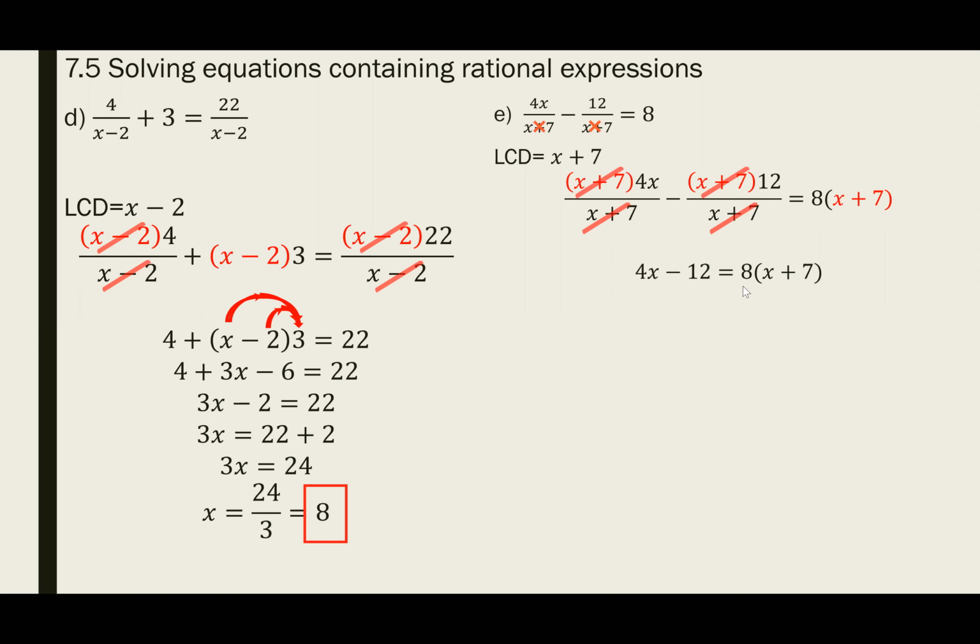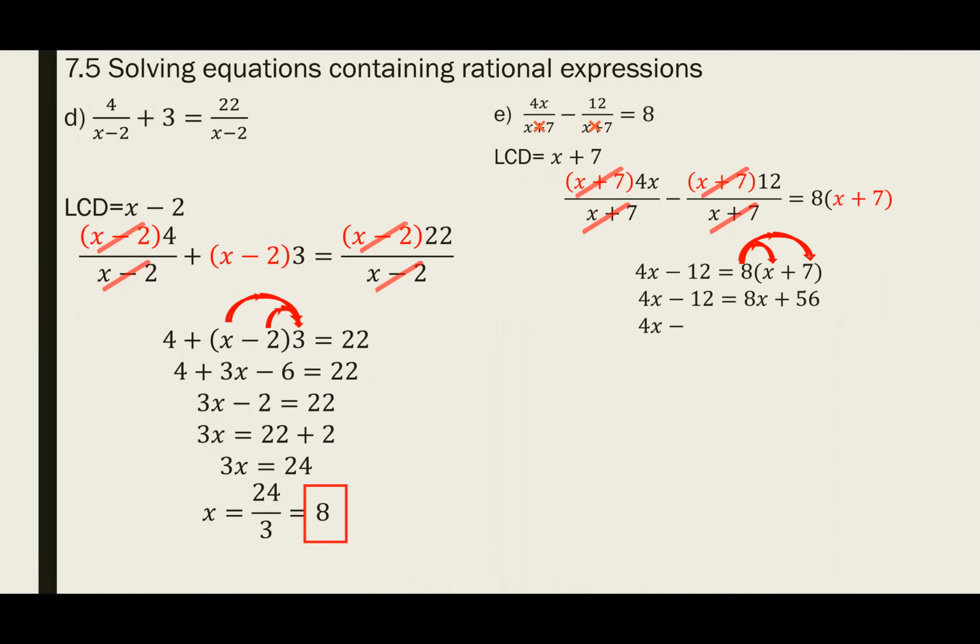So once we have this, all we need to do is distribute the 8 in. And if I distribute the 8 in, I have 8x plus 56, right? So my new problem will be 4x minus 12 equal to 8x plus 56. And again, your goal is to move the x to one side.